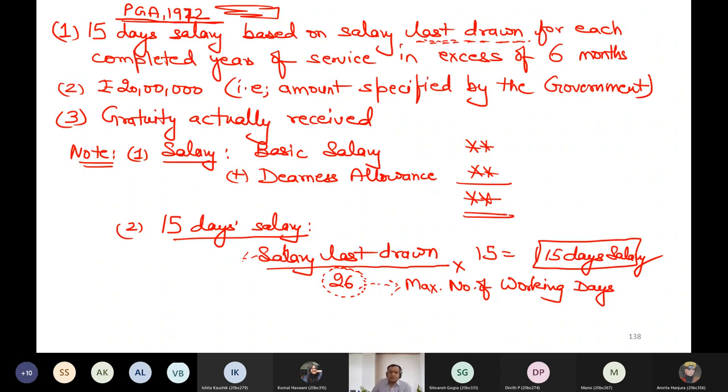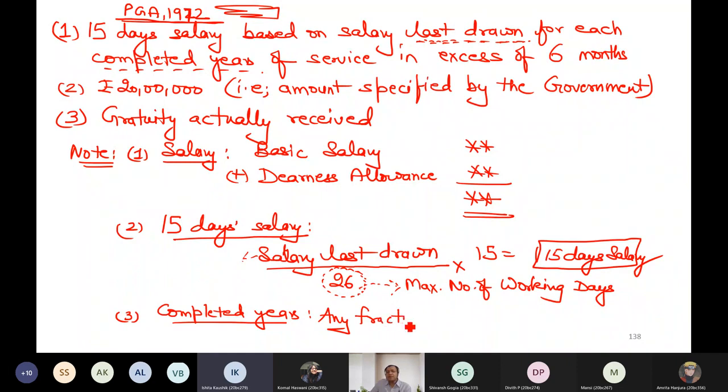Then the next point arises, what is this completed year? What do you mean by this completed year? Anyone who can make a judgment? The year which has been completed, basically the number of years we are working in the organization.